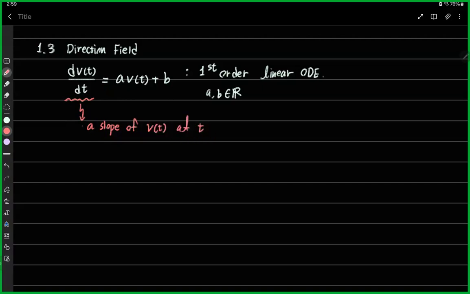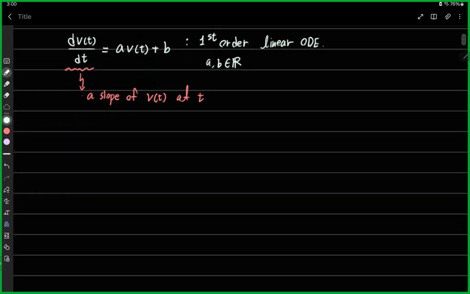Now, we definitely don't have any idea how to find v(t), but probably we can set v(t) as a fixed number. So for a given value of v(t), and a and b given, we can figure out the slope of v(t).